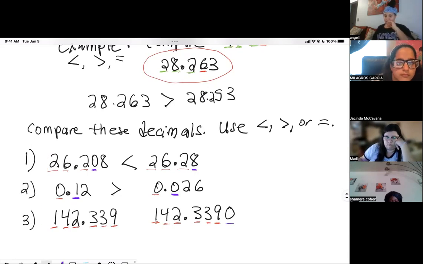I have a 0 over here. So does it make that bigger or smaller? Well, when you have a decimal, I can add as many zeros as I want, and it means the same number. Adding zeros to the end does not make it any bigger or smaller. So this one is actually equal. I can add zeros forever if I want. It doesn't make it a different number. It's still the same number.